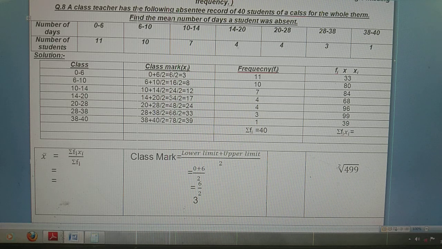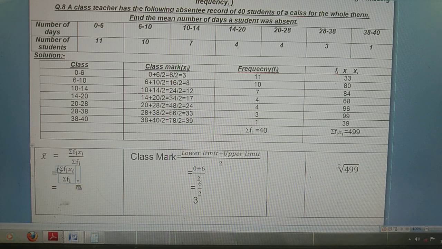See here it is sigma fi xi. Sigma stands for the sum of fi xi. If we add all these fi xi, it will be 499. Now let us apply the formula of the direct mean, which is x bar equals sigma fi xi upon sigma fi.